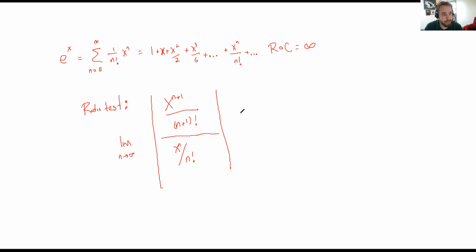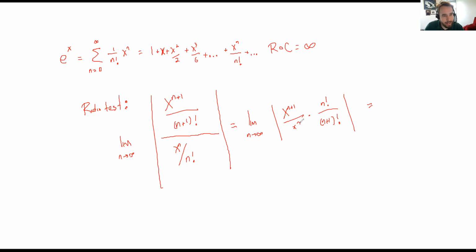Figure out what that is. And as we have done for several other examples, we will rewrite this and simplify. So this becomes x to the n plus 1 over x to the n times, and then we'll end up with an n factorial up top and an n plus 1 factorial in the denominator. So this is really the limit that we want to compute. Well, we can simplify that.